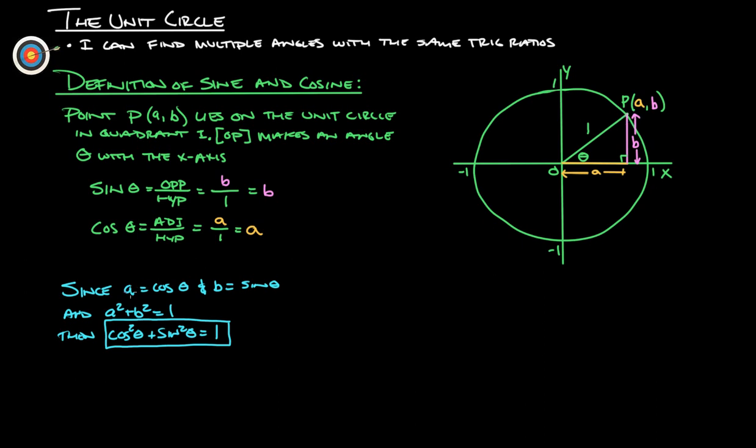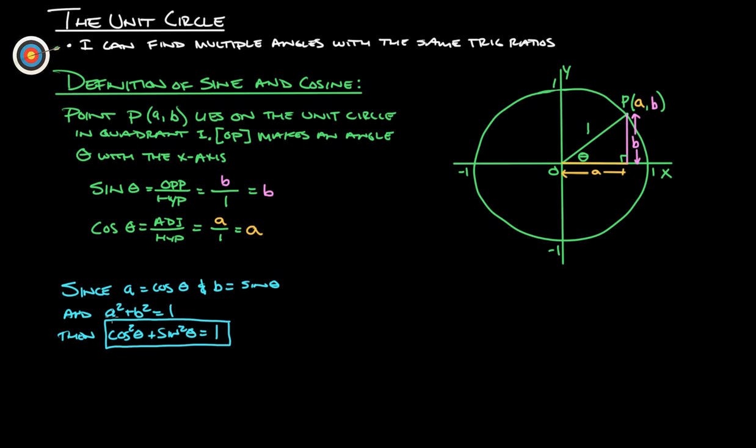Since a is the same thing as cosine theta and b is the same thing as sine theta, we know that a squared plus b squared equals 1. So a squared plus b squared equals c squared, and since 1 squared is still just 1, a squared plus b squared equals 1.